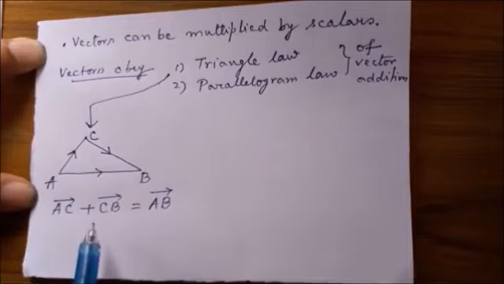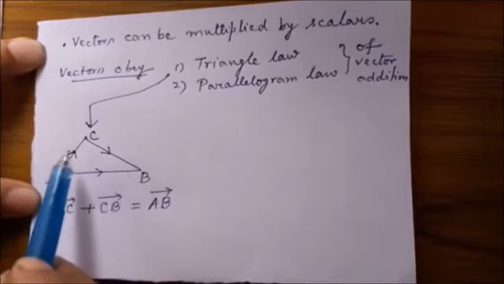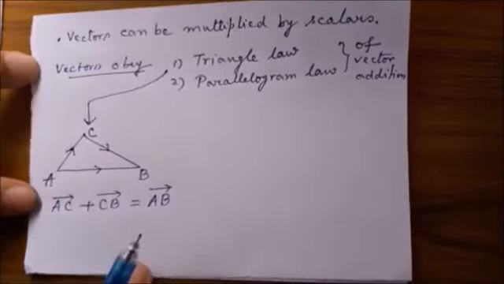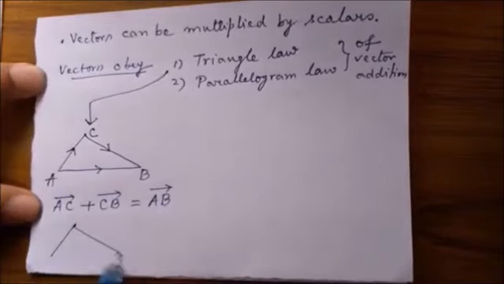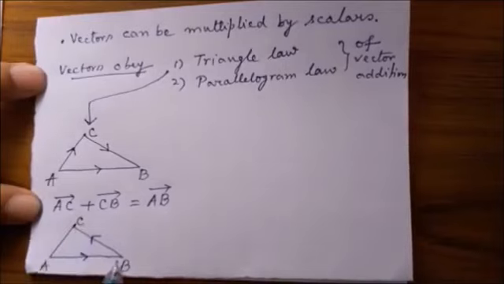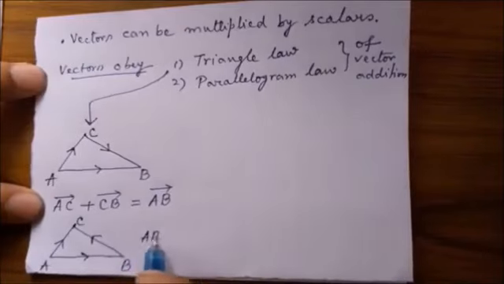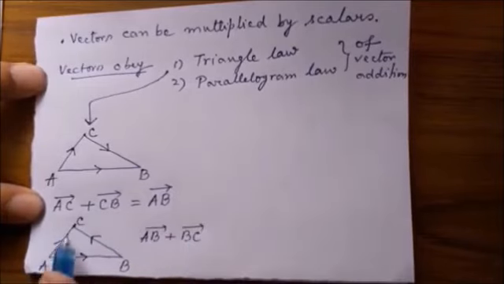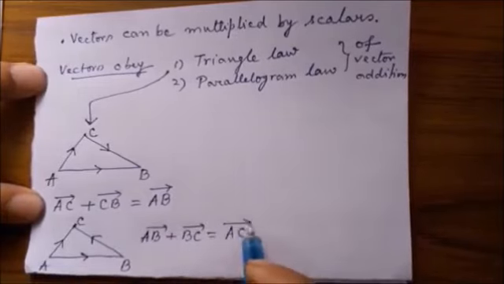Now if we construct the vectors in a different way, this law will change. For instance, the same triangle can be looked upon as made up of these vectors AB, BC and AC. Now in that case, the triangle law of vector addition would be AB plus BC equal to AC.